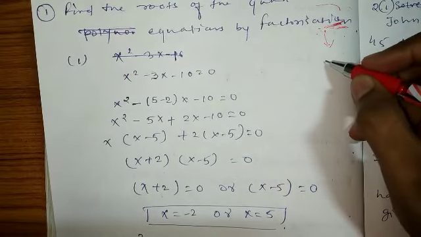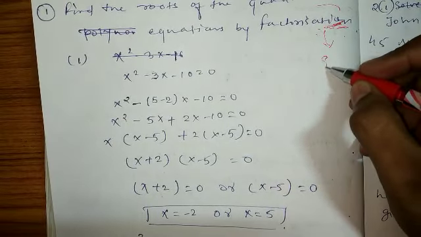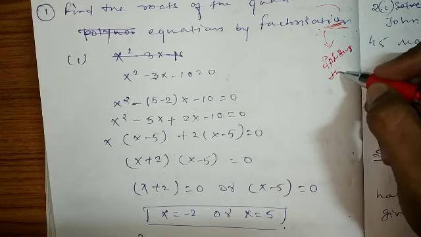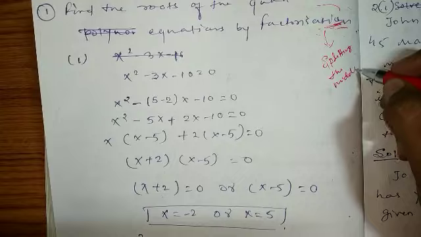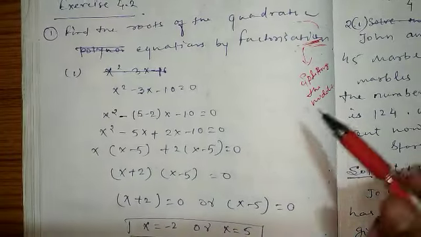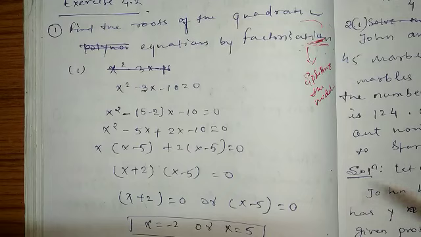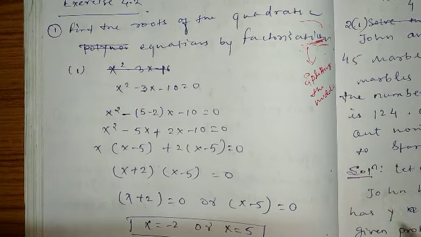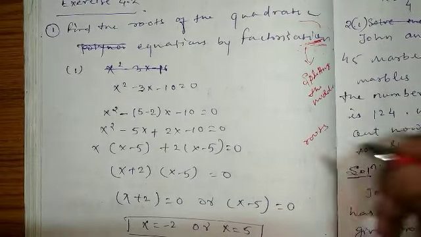Factorization basically means it can be solved by splitting the middle term. By splitting the middle term, we'll find the factors of that quadratic equation, and we can easily find the roots of that equation.